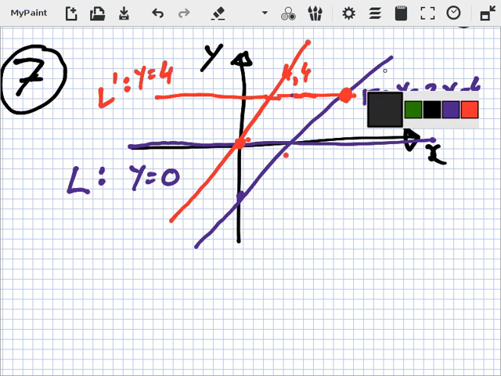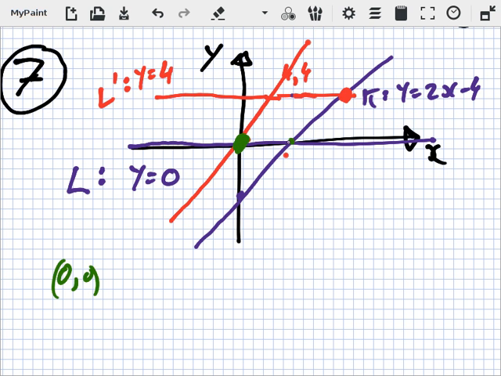Lastly, what are the 4 vertices? Well, there's the first one, 0, 0. There's the second one. If you're not clear what that is, you could work it out. Where does this line cross the x-axis? If you make y equals 0 here, you get x is 2. So 2, 0.